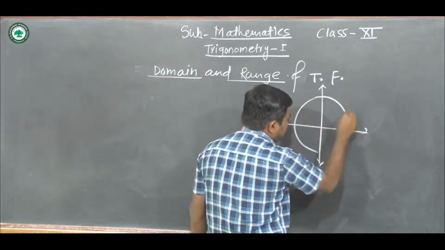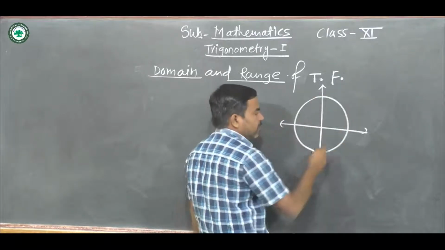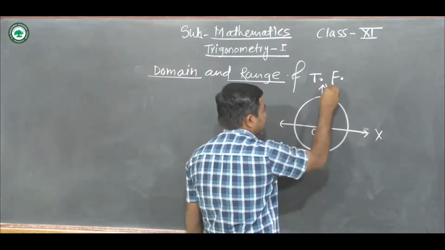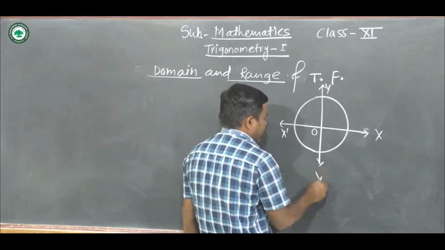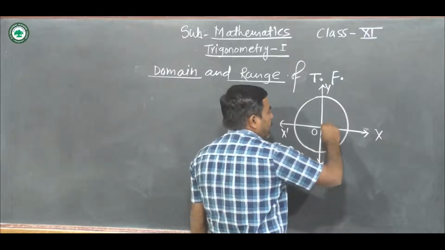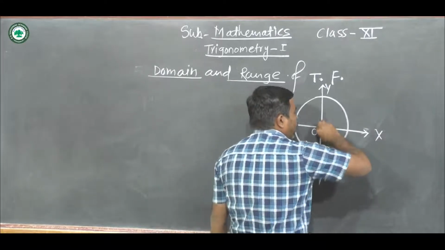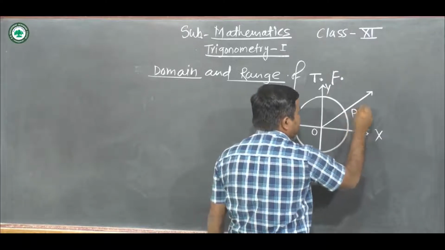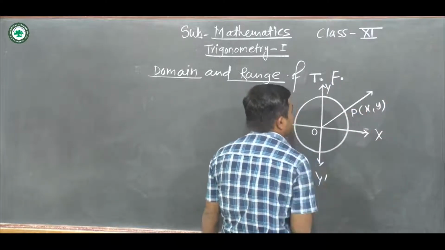We know that this is the standard unit circle, and this is the point P whose coordinates are x comma y.